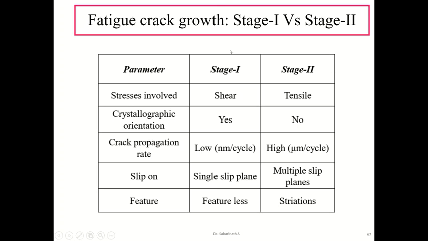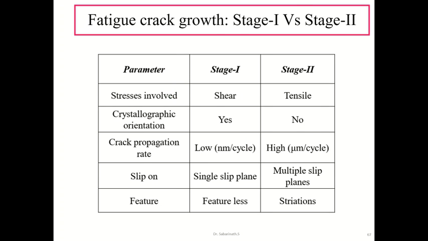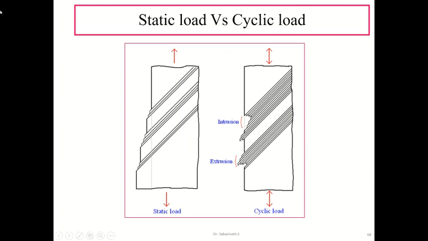Crack growth happens in two stages: the first is crack growth on slip bands, and the second is crack growth on planes of high tensile stress. Here we can see the difference between a static load and a cyclic load.